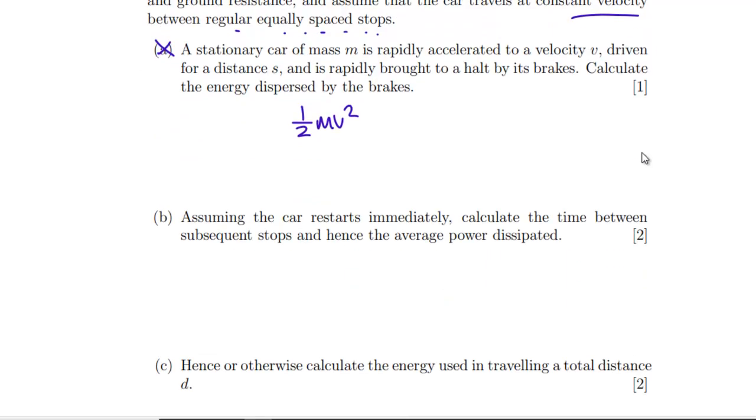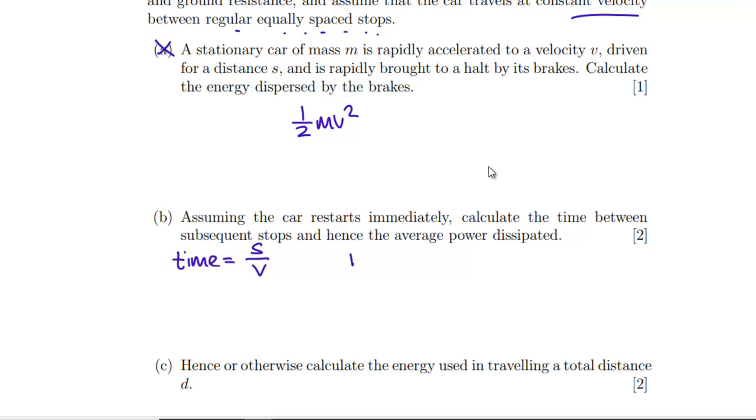Part B, assuming the car restarts immediately, calculate the time between subsequent stops and hence the average power dissipated. Right, so the time between stops: we're going distance s, so it's going to be s over v. And then the average power dissipated.